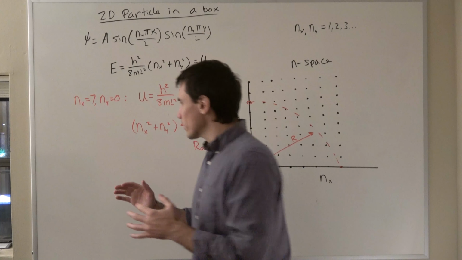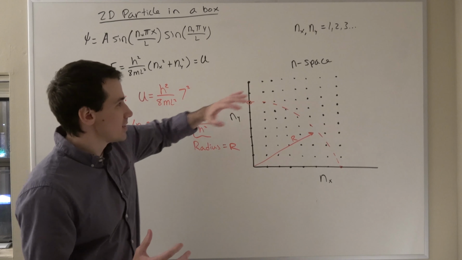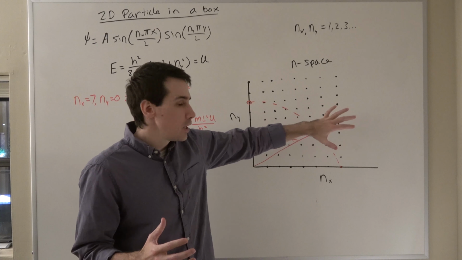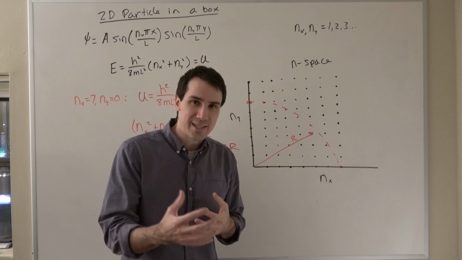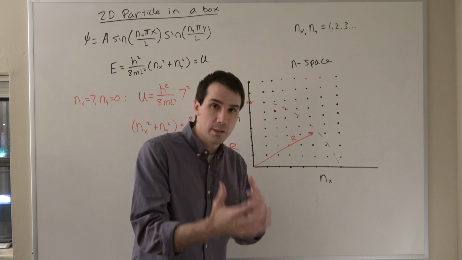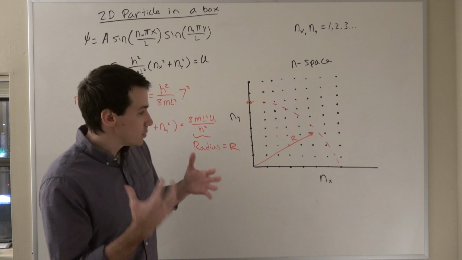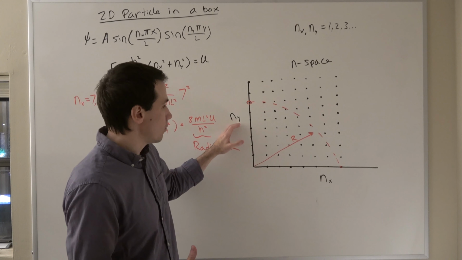so what I'm now going to do is plot these energy levels in this kind of n space. Each dot represents a possible state of the particle. We only have one particle, and that particle has two variables that control its energy: its nx level and its ny level.